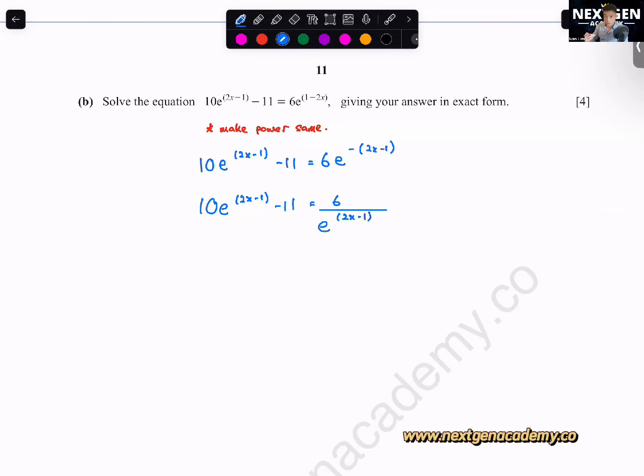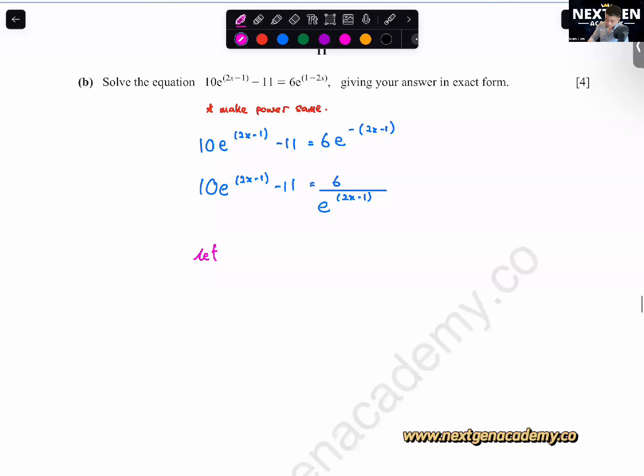This one was quite similar to just now, the ln one. So I will let y, any alphabet, y equals e to the power of 2x minus 1. So we simplify the equation. 10y minus 11 equals 6 over y.